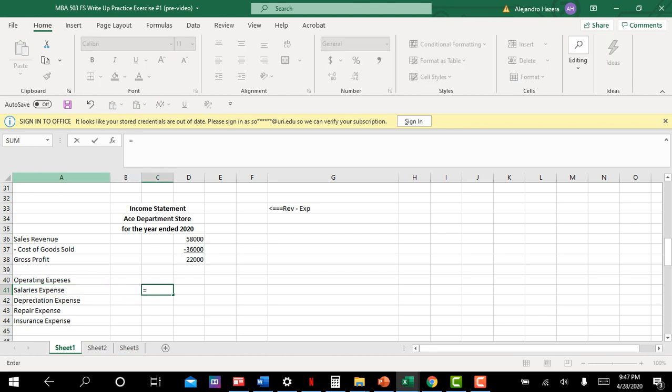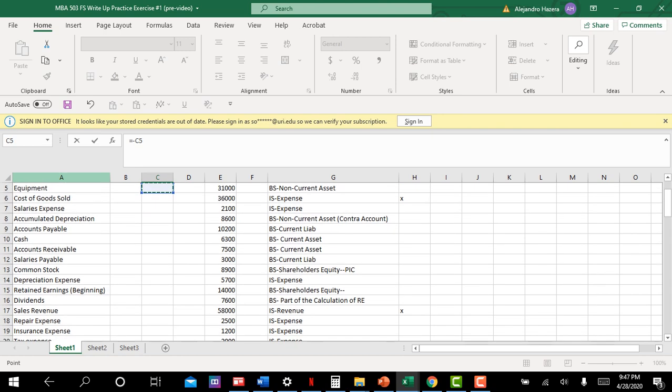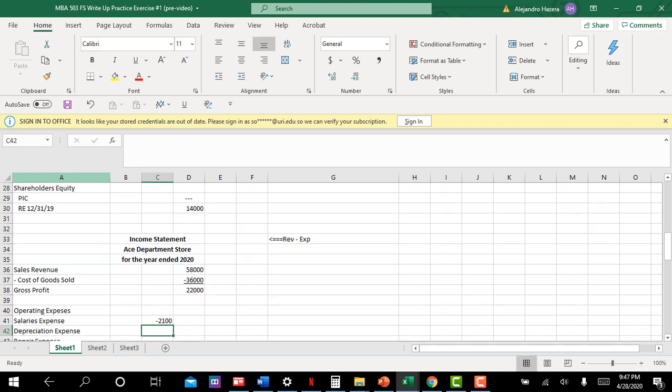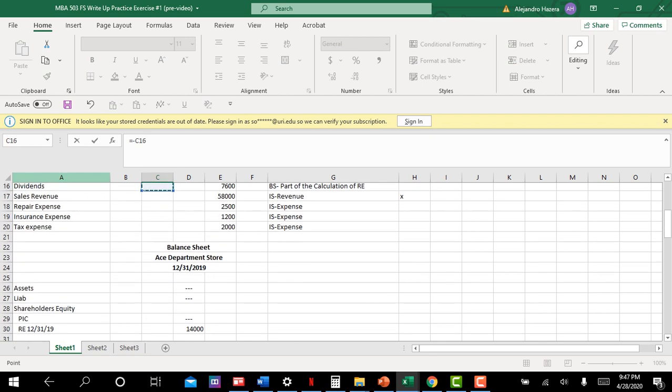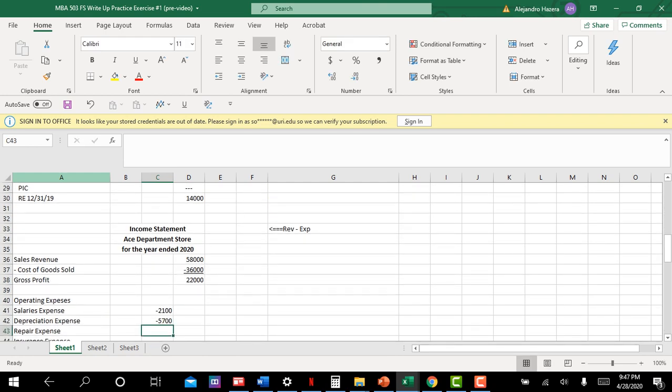Now what I'm going to do is put them a column to the left, and then I'll subtotal them and put the subtotal in the column to the right. So your salaries expense is going to be equal to a negative 2,100. Depreciation expense is going to be equal to a negative 5,700.